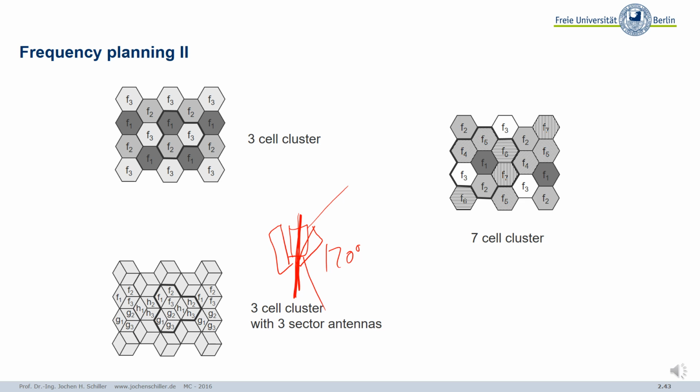Okay, and because this is complicated, some of the operators were quite happy to see the third generation, almost 20 years ago, where we use codes to multiplex different users. There we use frequencies, and as you will see, also time to separate users. But with third generation, as I will show you, we introduced code division multiplexing, and that means we can use the same frequency, which makes this planning much simpler.